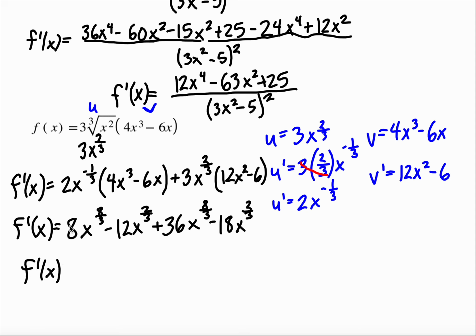So 8 plus 36 will give us 44x to the 8/3, and then 12 minus 18 is going to leave us with negative 30x to the 2/3. Okay, and there's nothing more that we can do to simplify this, so we're all done. We have our derivative there.